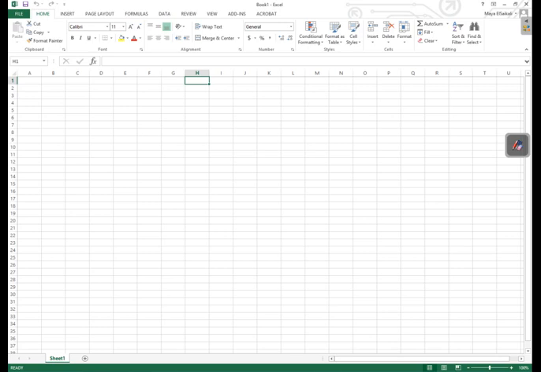In the Excel, you guys see? In the first column, I'm gonna write year. And then in the second column, I'm gonna write age.